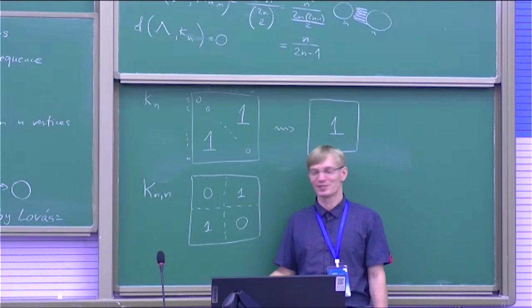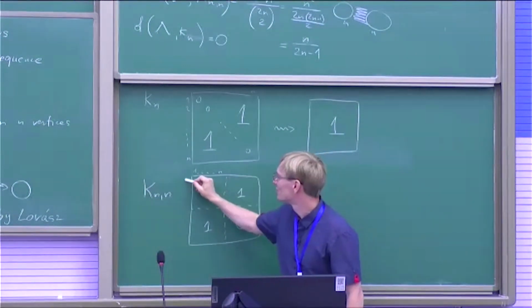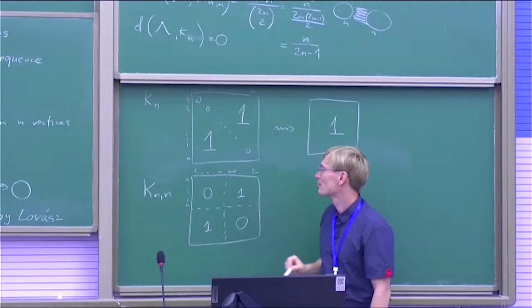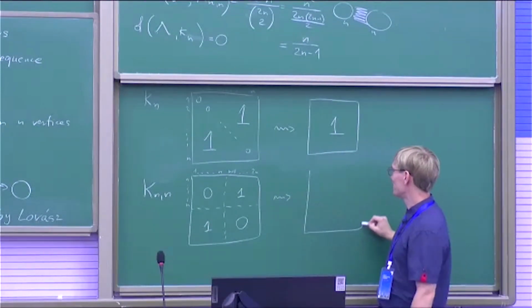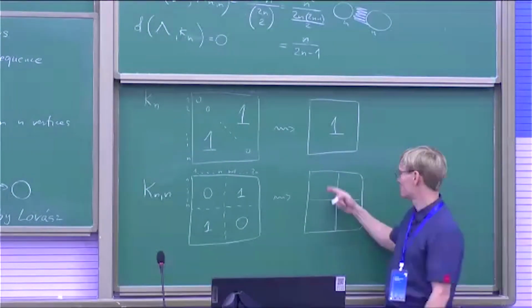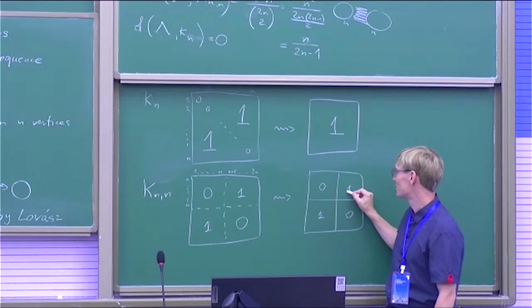So this is how the adjacency matrix looks, with indices from 1 to n, and then it's continuing. So in the limit, I should also have something like a square which is divided into 4 parts, with zeros here and 1s here.